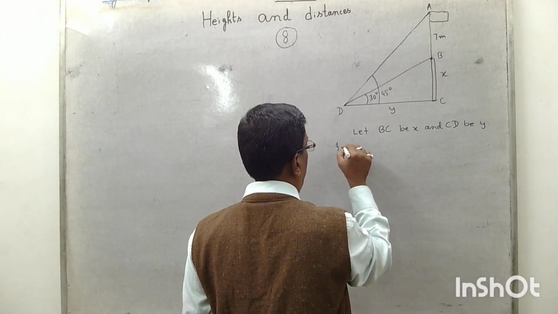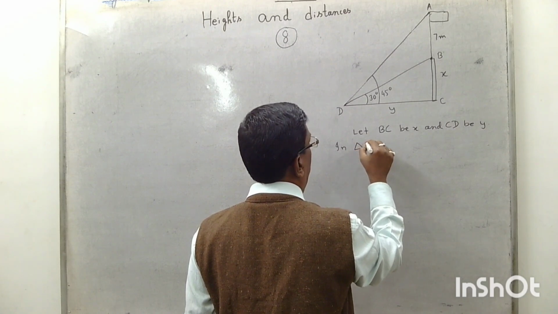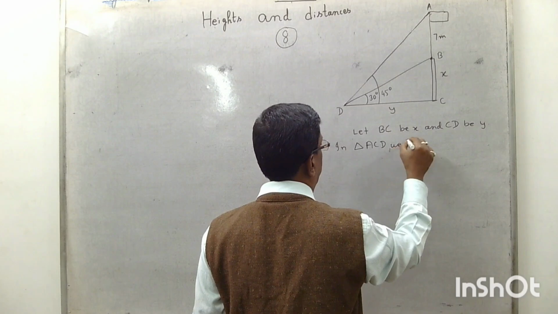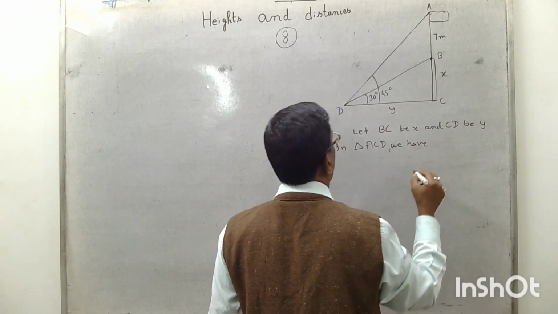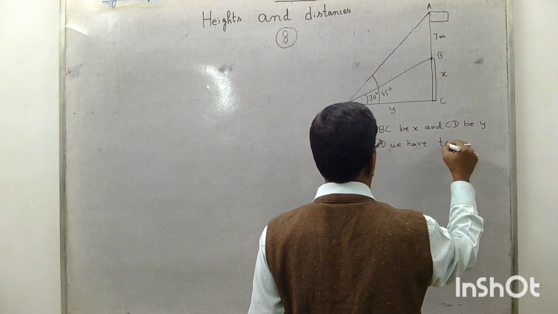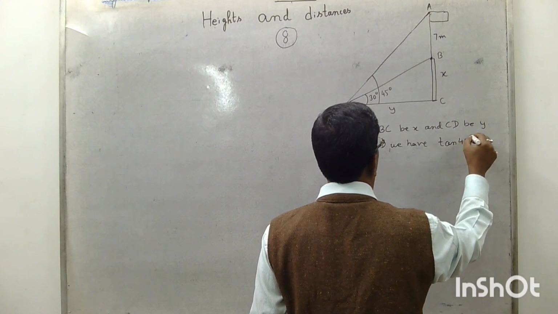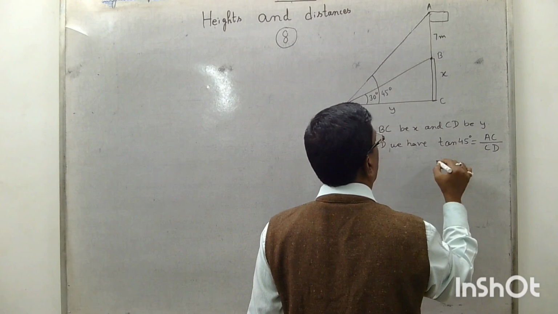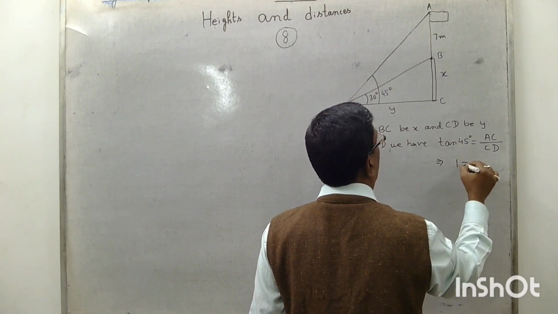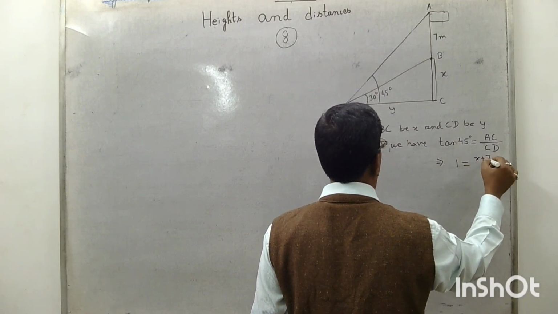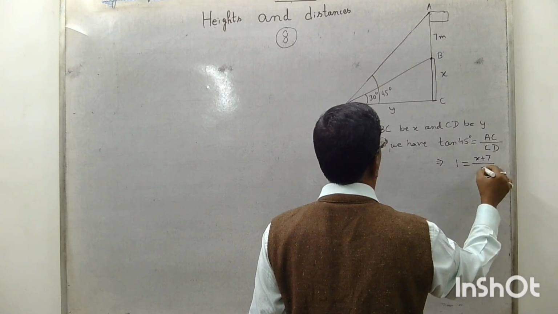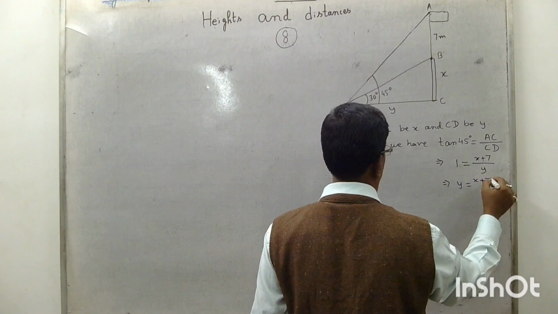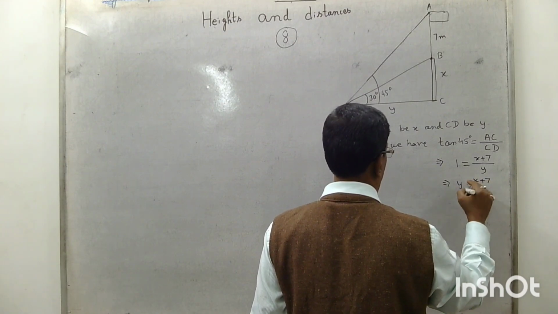In right angle triangle ACD, we have tan 45 equal to AC by CD, which means 1 equal to x plus 7 by y. So y equals to x plus 7.